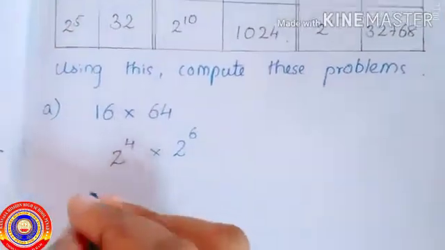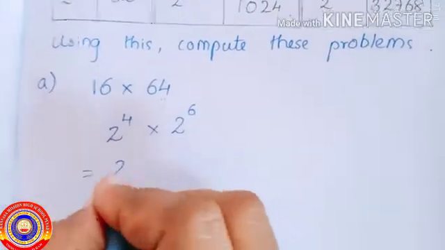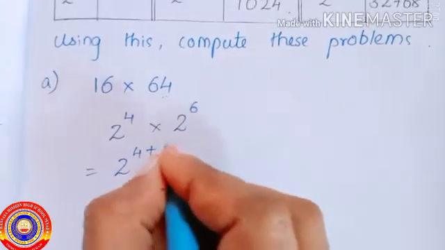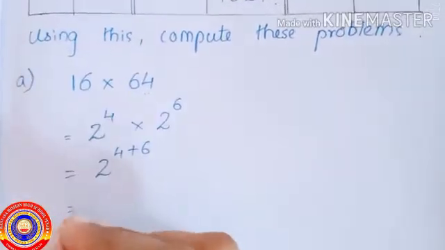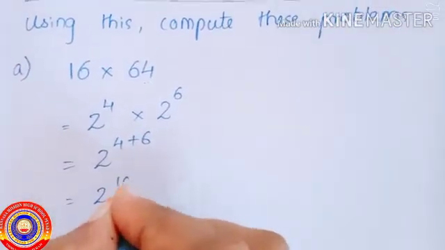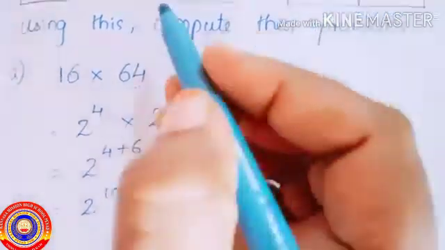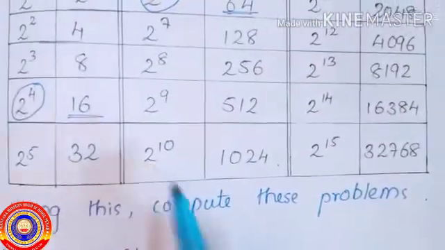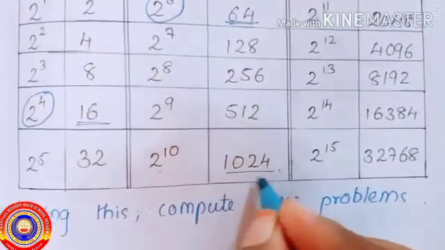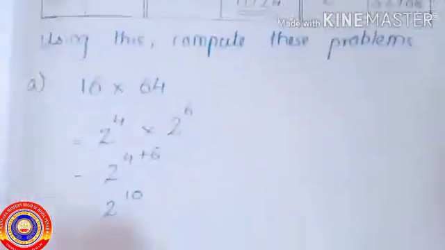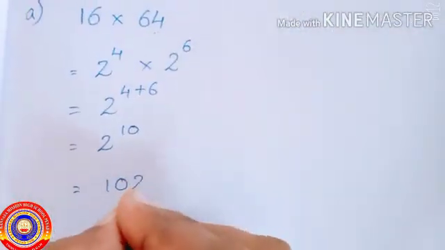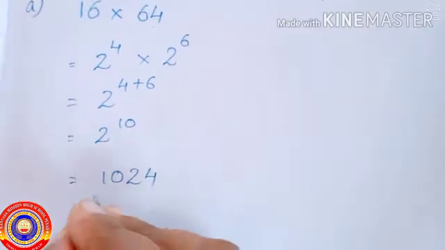We had learned that for multiplication, we have to add the exponents, that is 2 raised to 4 plus 6, which is equal to 2 raised to 10. The value of 2 raised to 10 is 1024. So, we get the answer as 1024.